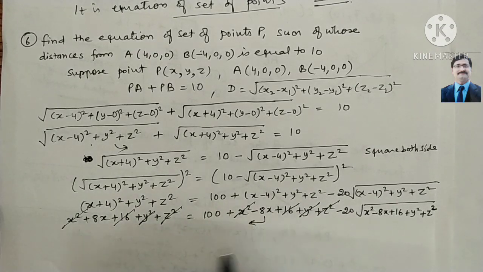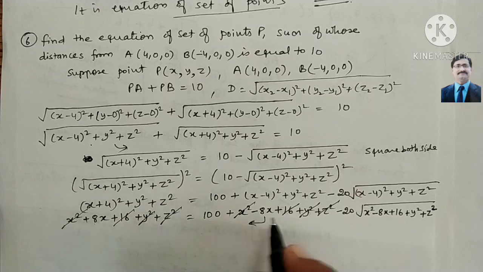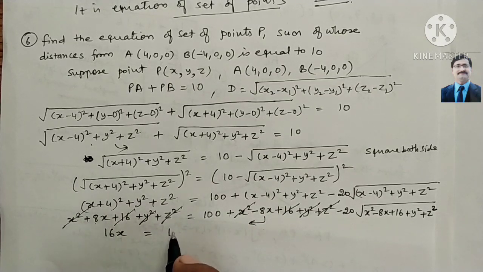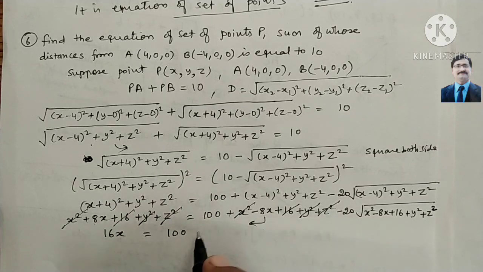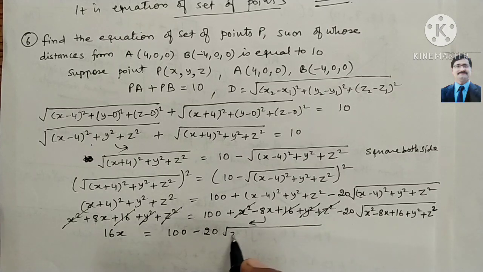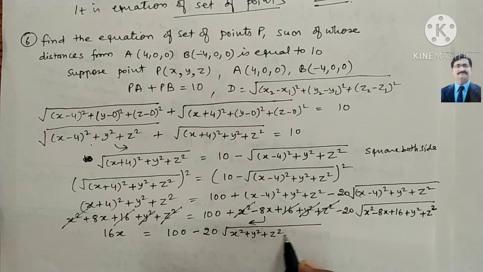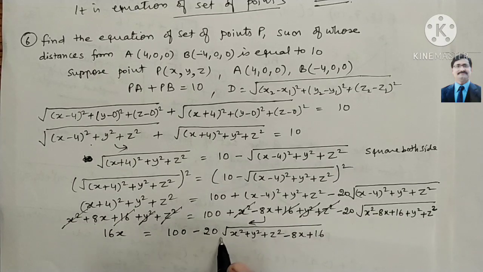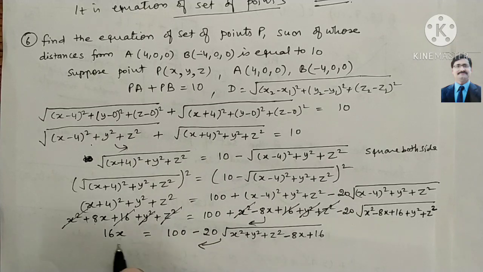Now minus 8x we transfer, so we get 8x and 8x, that is 16x, equal to 100 minus 20 root of x square plus y square plus z square minus 8x plus 16. We will transfer this to the left hand side, and 16x to the right hand side.